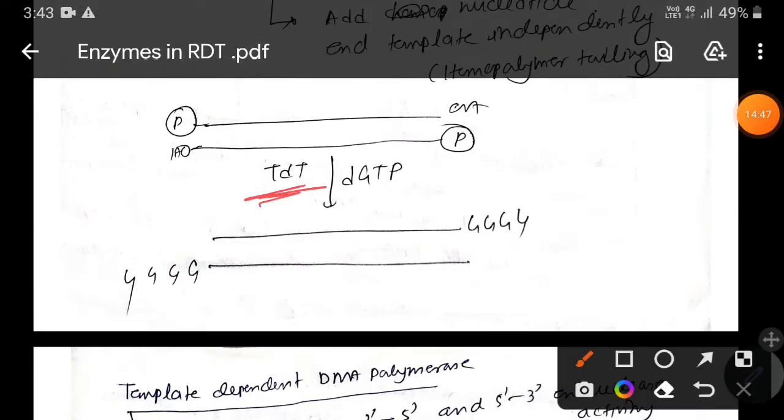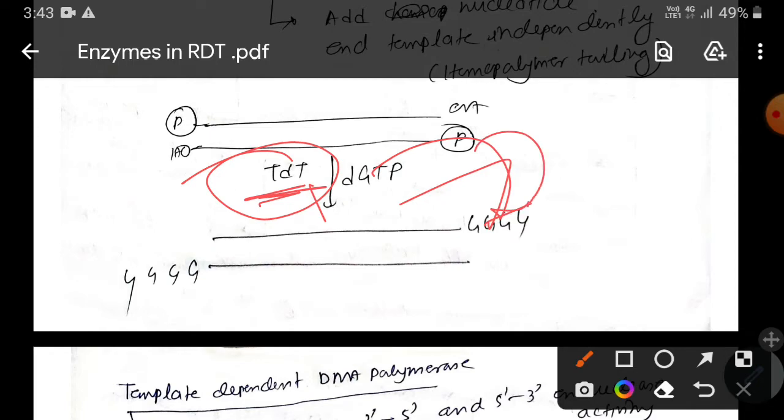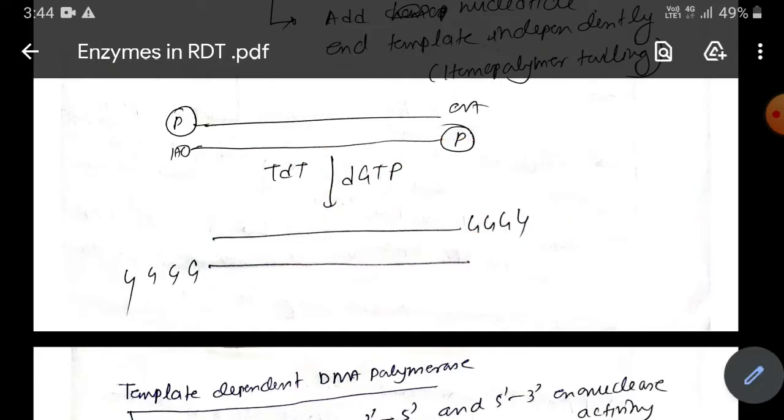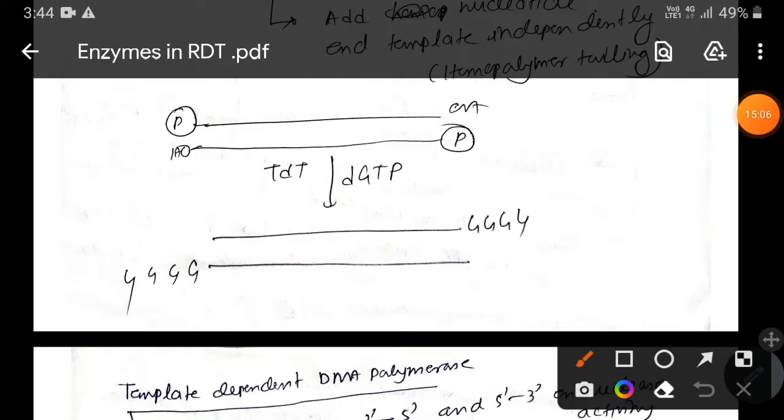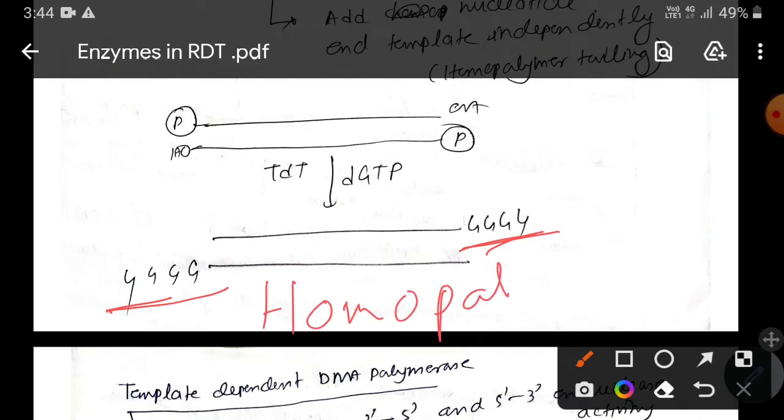So the terminal deoxynucleotidyl transferase will simply add G nucleotides, that means the dGTPs, at the 3' end template independently. That you need to know very carefully. That is how the 3' end labeling is going on, and we call it homopolymer tailing.